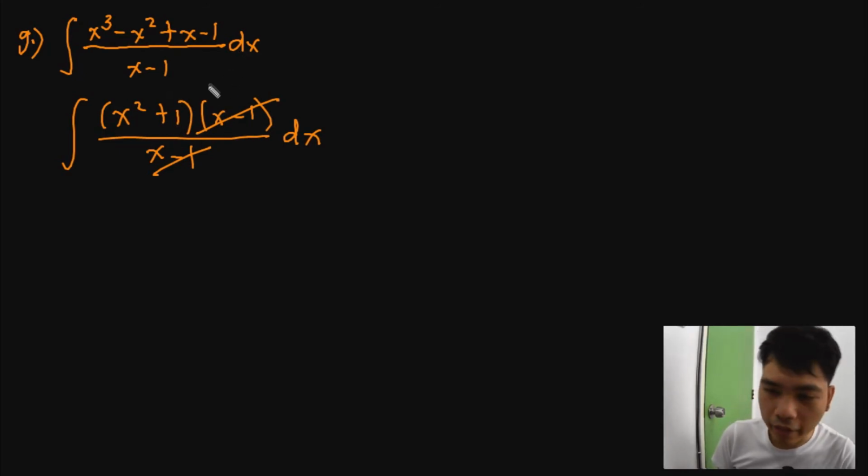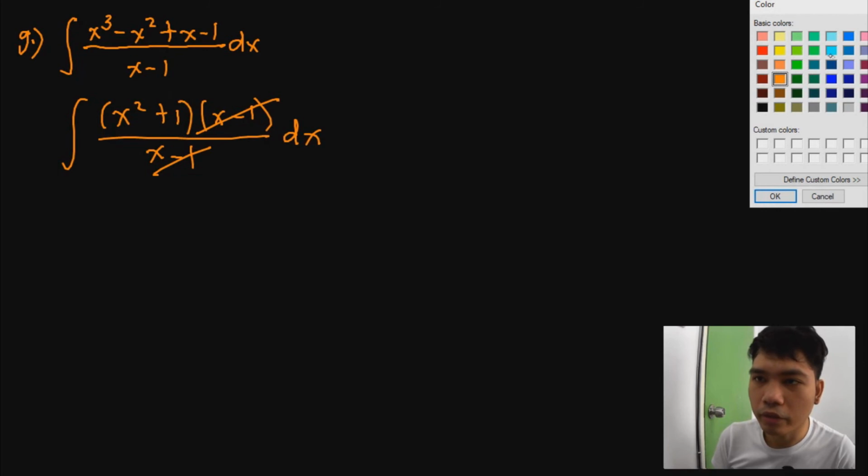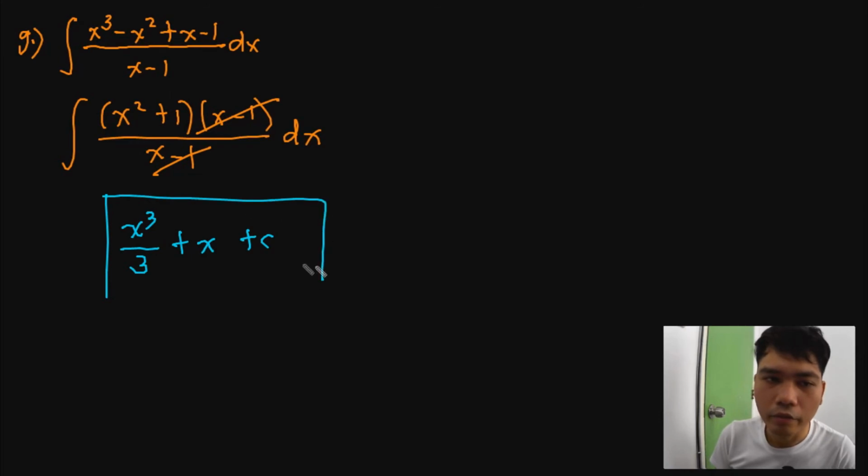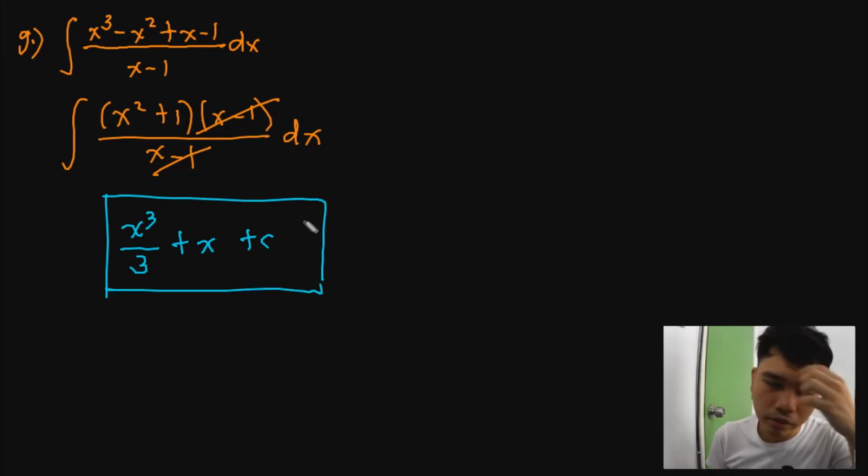Now, ito, di natin kailangan ng yung substitution kasi kita-kita naman na we can readily integrate this. So, if you want to integrate that, then therefore, the answer should be x cubed over 3 plus x plus c.